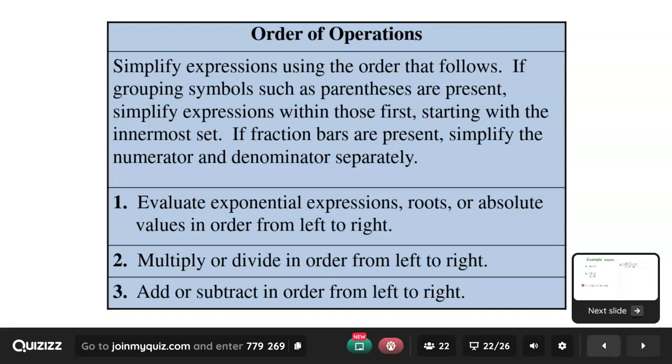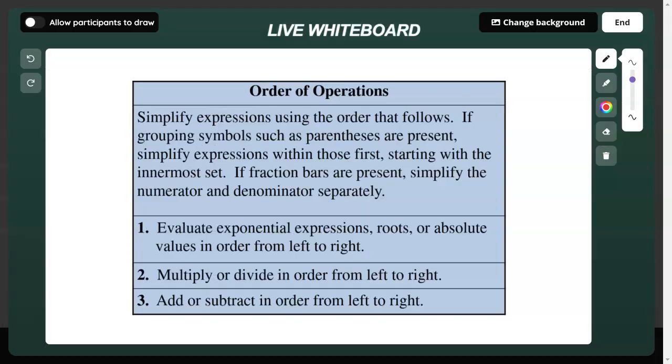Okay? And one of the biggest issues comes in with expressions like, say, I had, just making up numbers, 4 plus 6 parentheses 2 plus 1. Okay? Some calculators will calculate that differently.